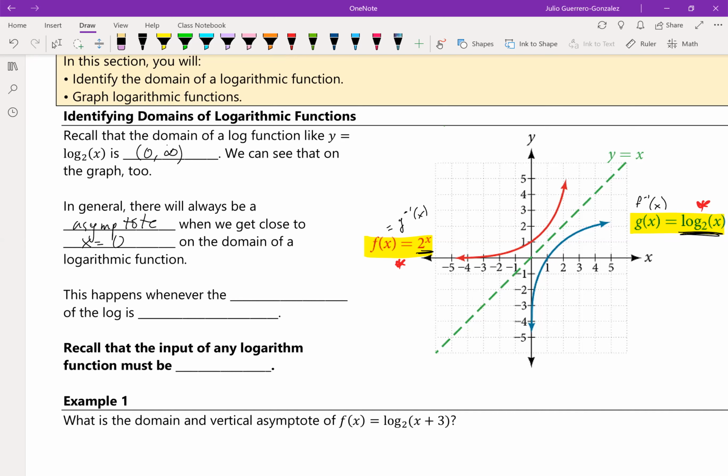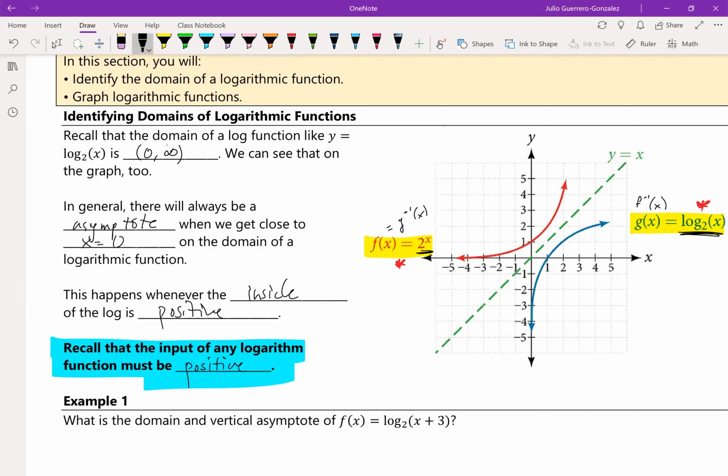This happens whenever... Okay, so this right here is one of the new things that we're going to add into our little rules.